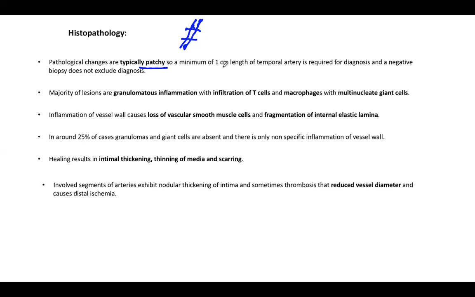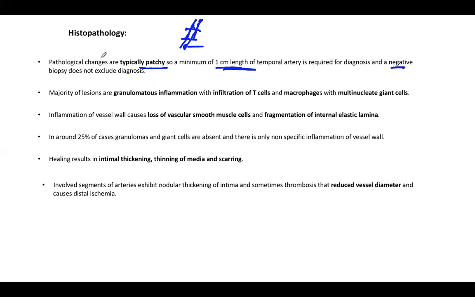So we need to take a temporal artery biopsy of a minimum length of 1 centimeter, but usually it's 2 to 2.5, 3 centimeters. We need to remember this point. And even then, a negative biopsy does not exclude the diagnosis. If we take a biopsy from here, it may not be positive. And also, sometimes the inflammation is not granulomatous. In that situation, there will be non-specific inflammation.